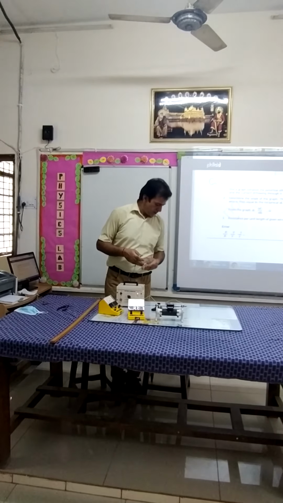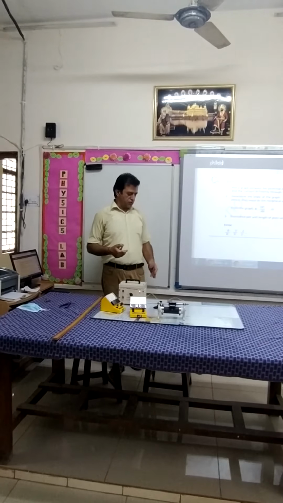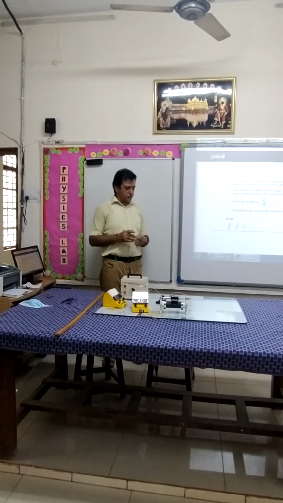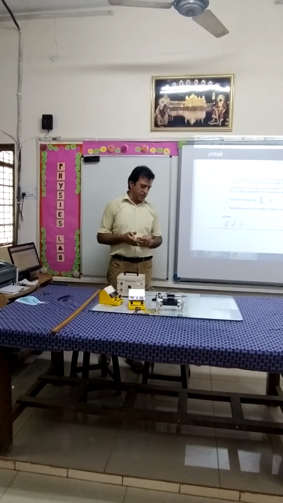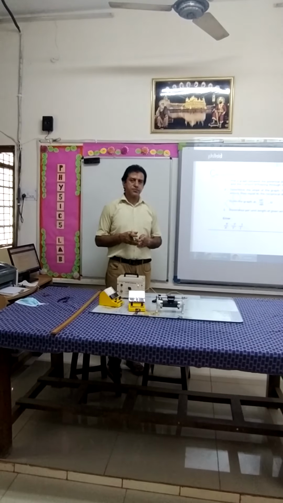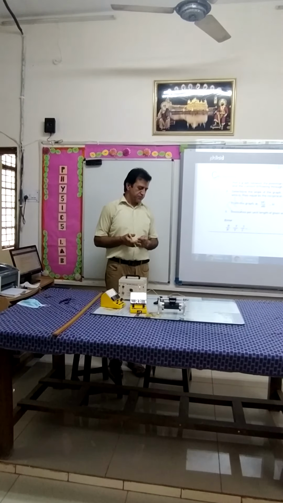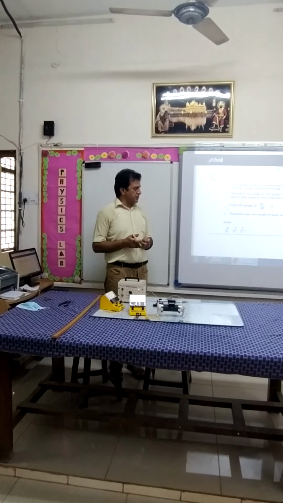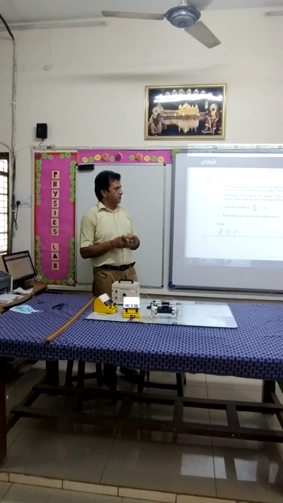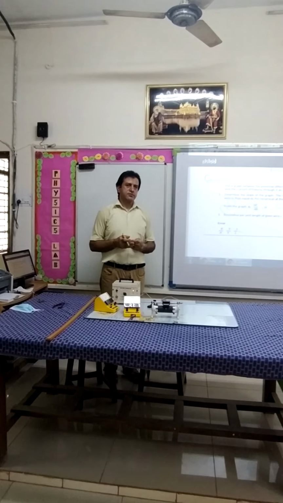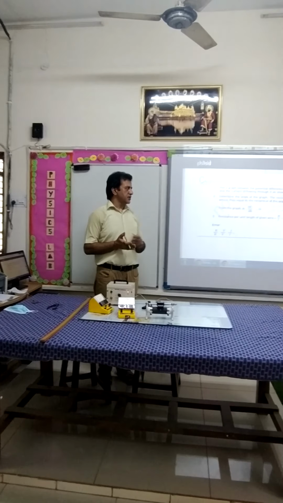So in today's activity we were able to determine the resistance per centimeter of the given wire. The wire should have a uniform cross sectional area, and we find that the graph between the potential difference and the current is a straight line.